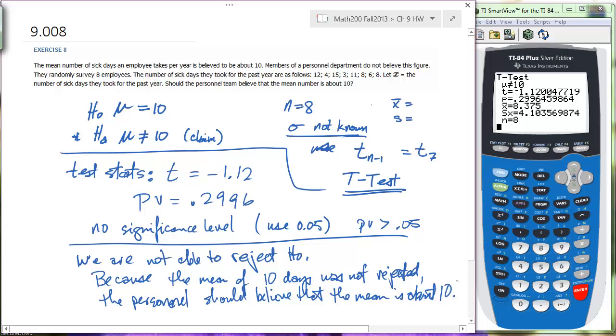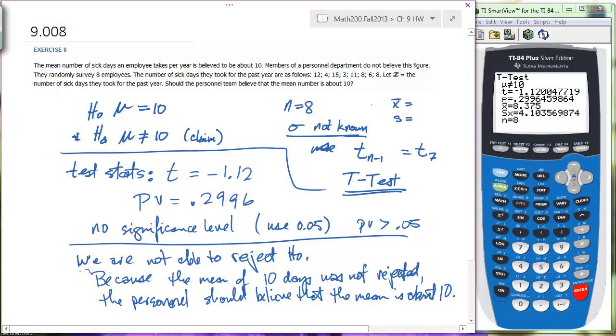So there was no reason to believe otherwise because we were not able to reject it. And so, not that they should really accept it, but they should just believe that it's true.